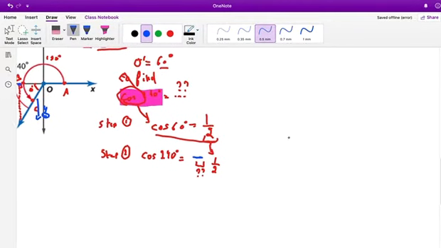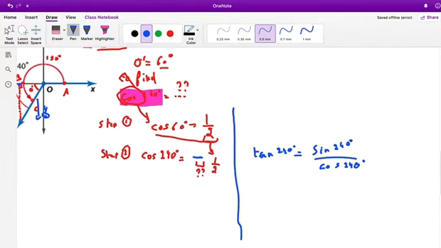Let's continue. If I am talking about finding tangent 240 degrees, I'm giving this example because it depends on two things. As we said before, tangent 240 degrees is equal to sine 240 over cosine 240. Let's do the same job that we did before.